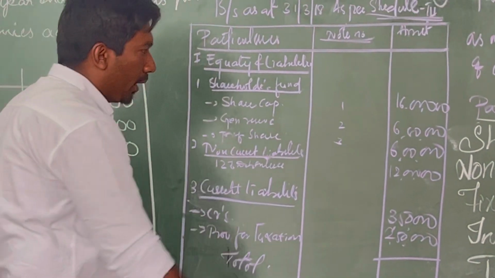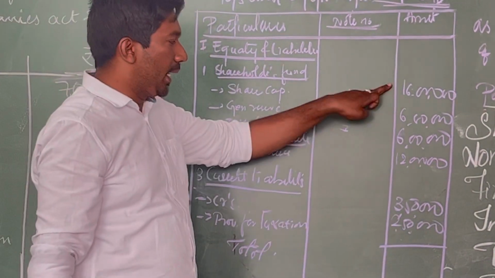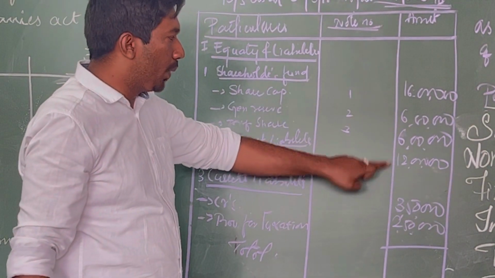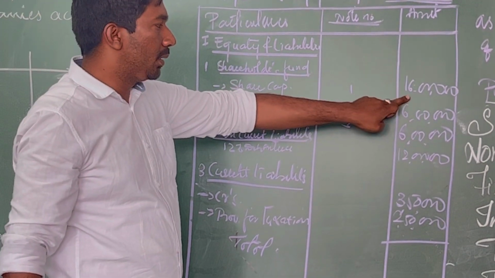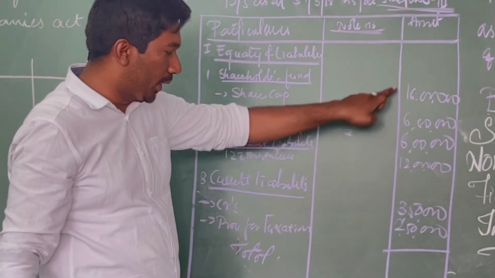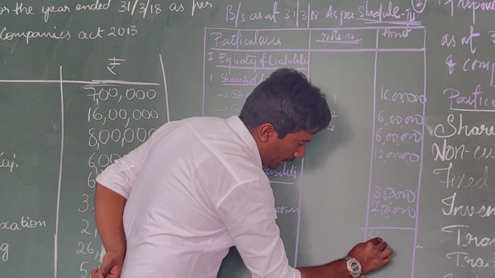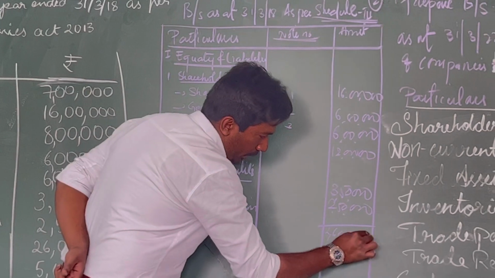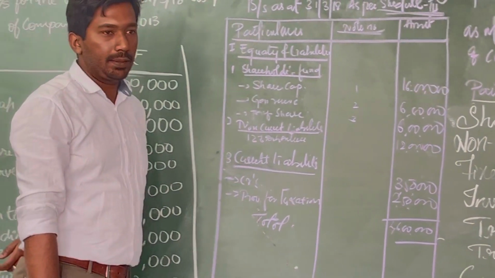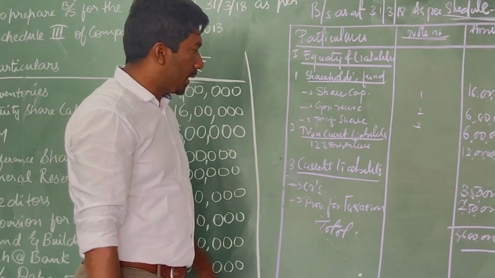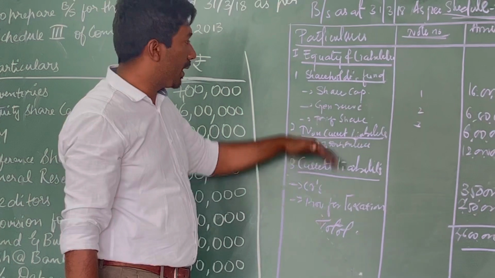Total from here to here 16 lakh, 12 lakh, 24 plus 6 is 30, plus 16 is 46 lakh, correct? Yes, sir. So total liability is 46 lakh. Done, guys?